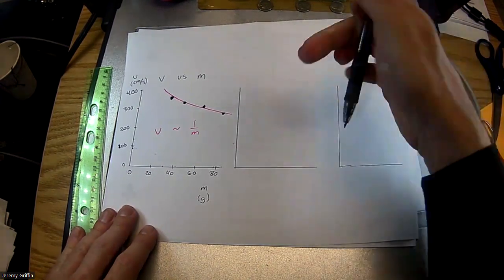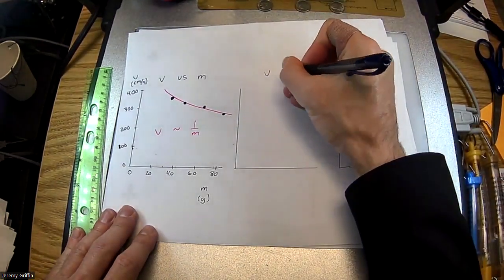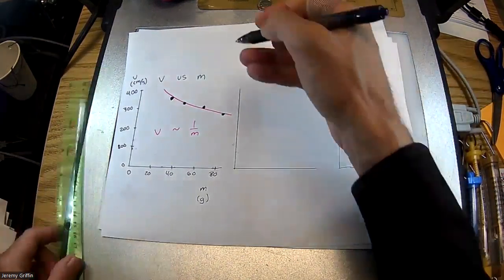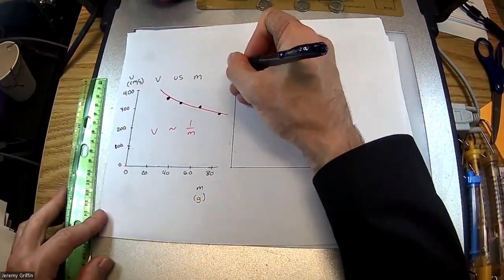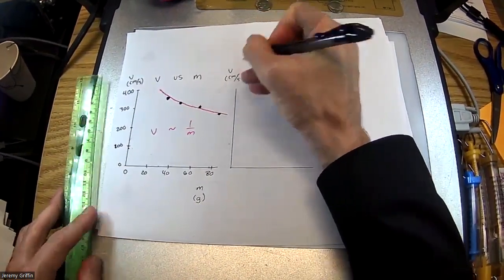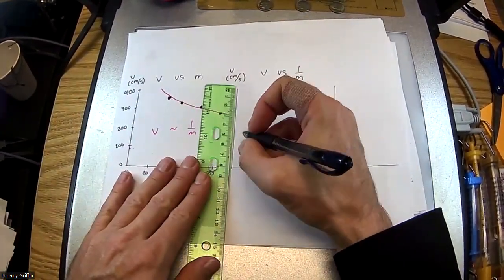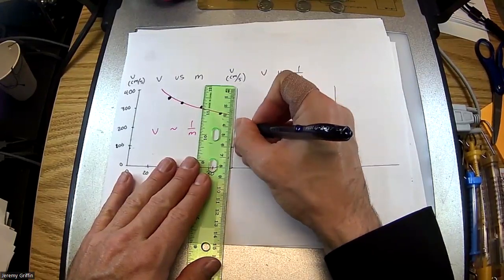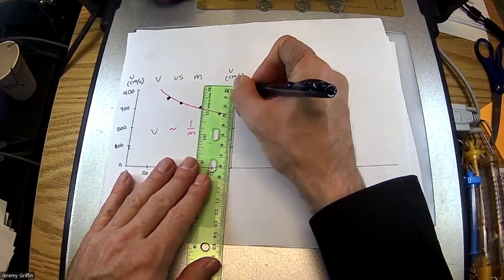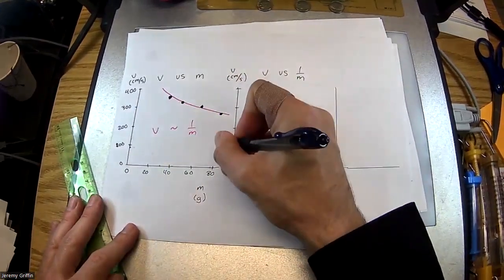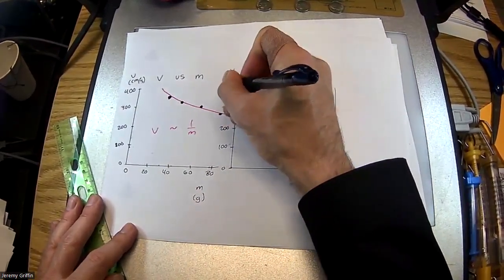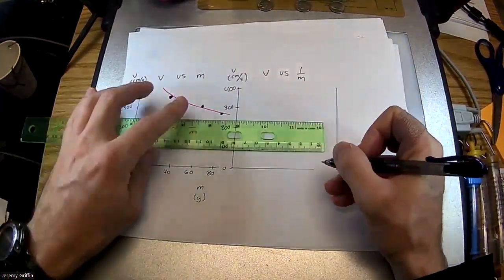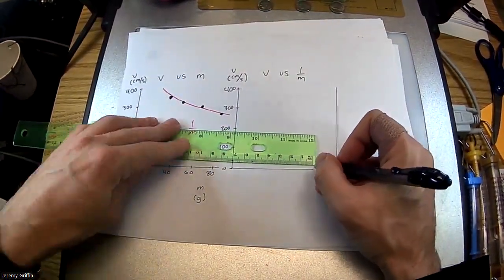We're going to graph what is the speed versus the reciprocal of the mass. Now the speed axis will be the same, so I can just copy paste that speed in centimeters per second. This can go 0, 100, 200, 300, 400. But the masses we're going to do reciprocal.